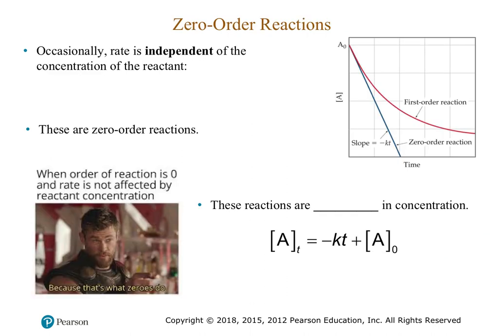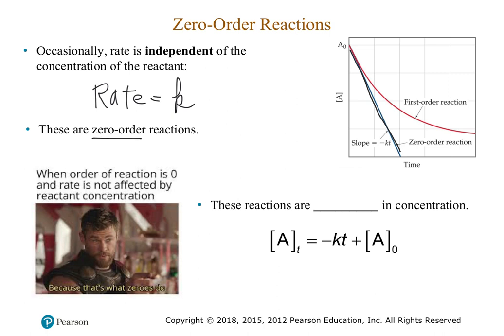For zero order reactions, this is a case where the rate is independent of our concentration of any reactant, and that's where rate is basically just equal to the rate constant. So notice for a zero order reaction, it just goes down. There's no relationship other than linear. So that's what a zero order reaction is.